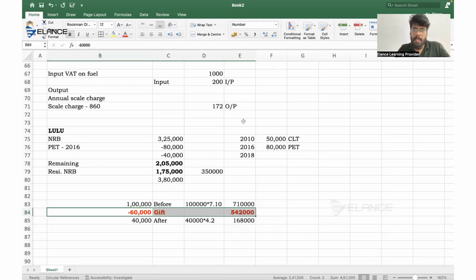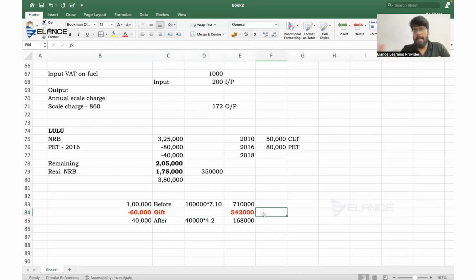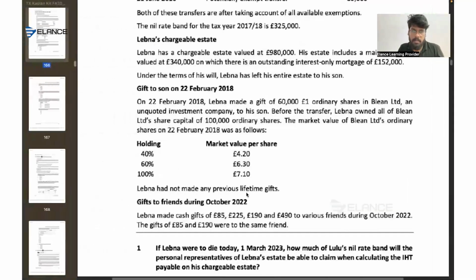And it is the value transferred, and it is not the potentially exempt transfer, which means the PET will be the amount after deducting the available exemptions. So here they can deduct the annual exemption also. Let us check the scenario.